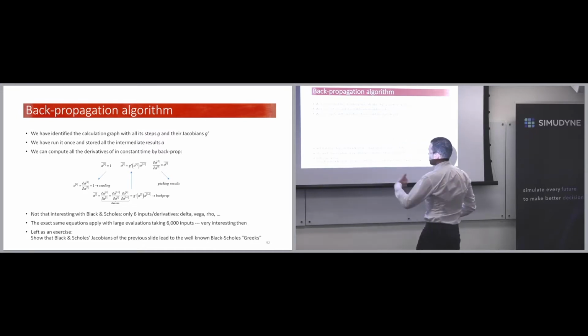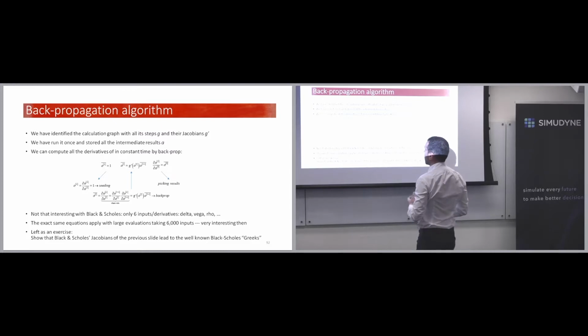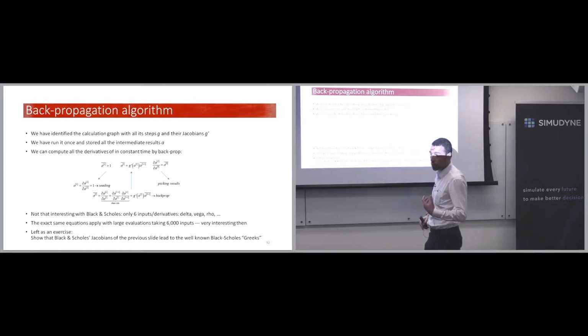So it means that I know the adjoint of the output layer, and I have a recursive relationship that gives me the adjoint of any layer as a function of the adjoint of the next layer. So I can run it backwards to find the adjoints of all the layers, and finally the adjoint of A0, which are by definition the derivatives of the final result to the inputs. So that's what I want.